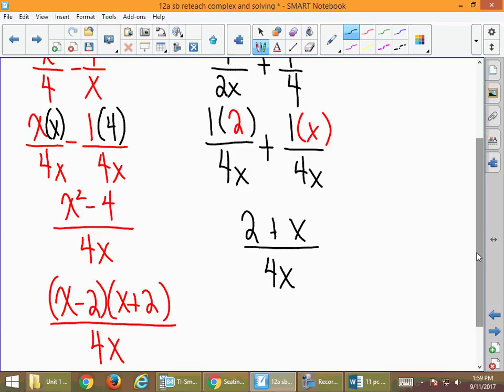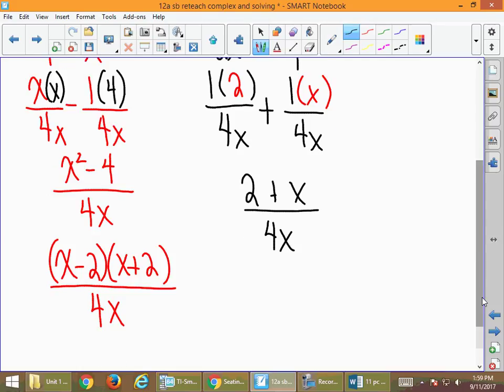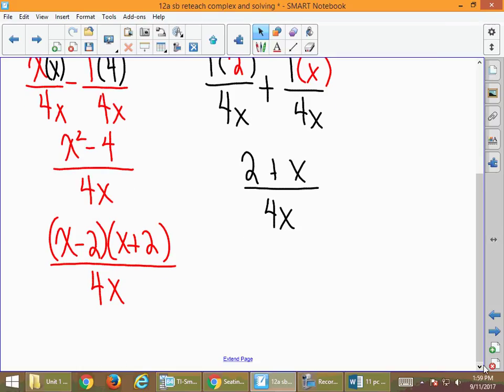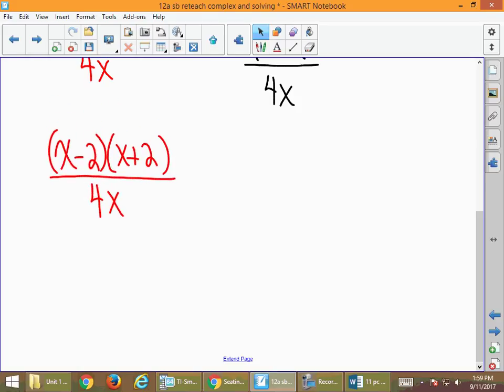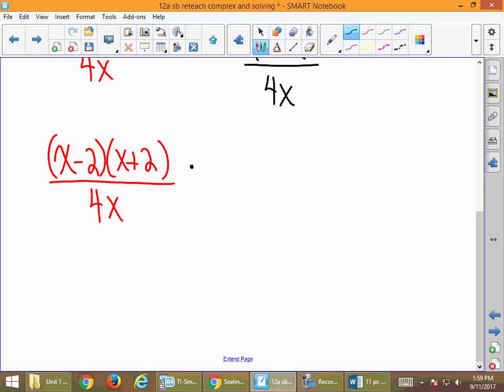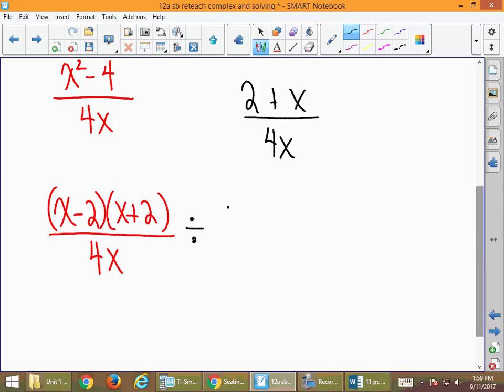And we've taken care of steps 1 and 2, and now we get to step 3. We need to write it so we can divide. So I didn't do very well on my space, but if I scoot this down a little bit, I can. We're going to divide by what we just found here, 2 plus x over 4x.